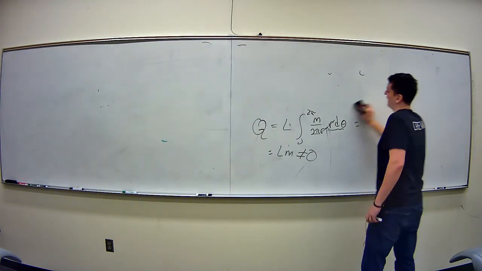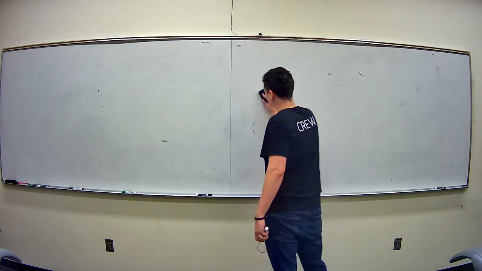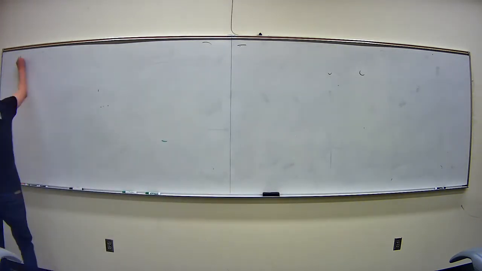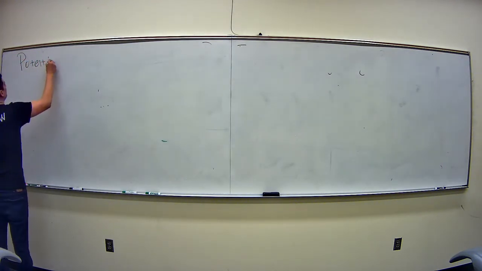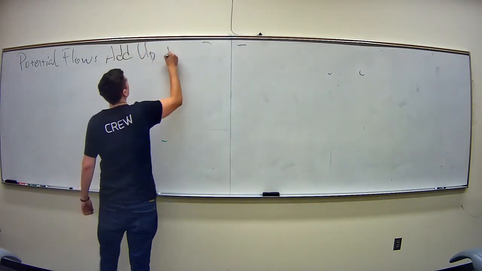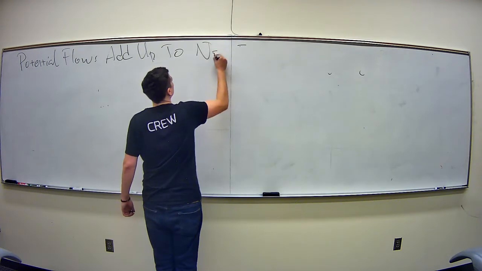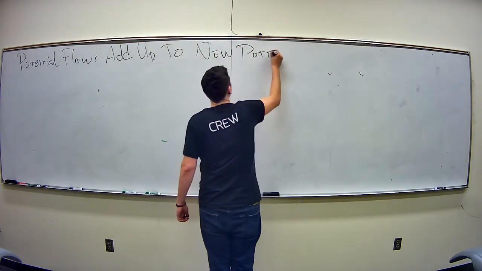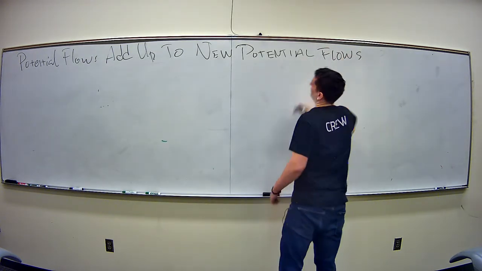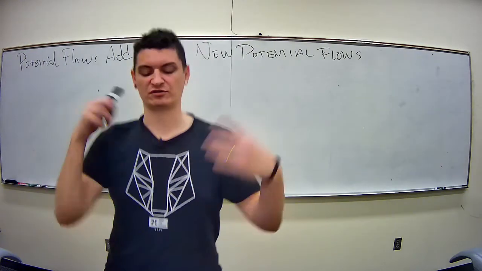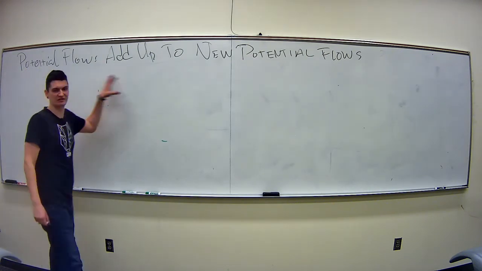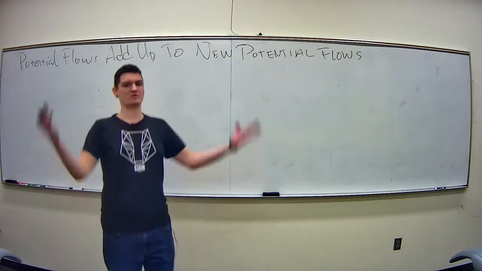And really, they're found because the idea is that potential flows add. That's the cool thing. Potential flows add up to new potential flows based on the linearity of what we've defined. So if I take a bunch of different f of z's and add them up, I get a new potential.